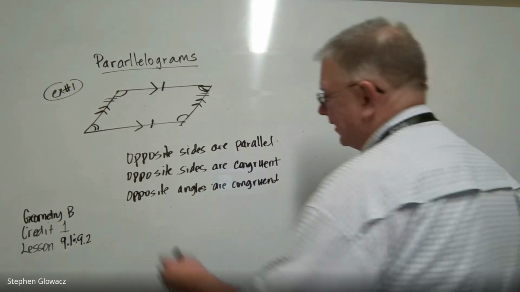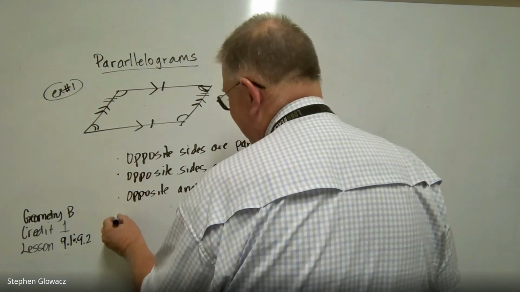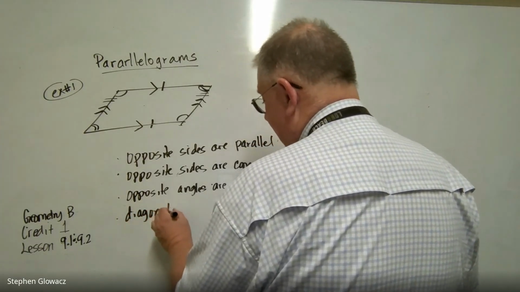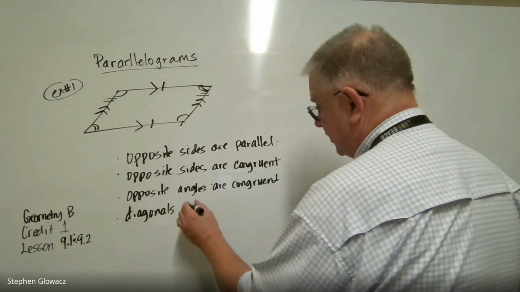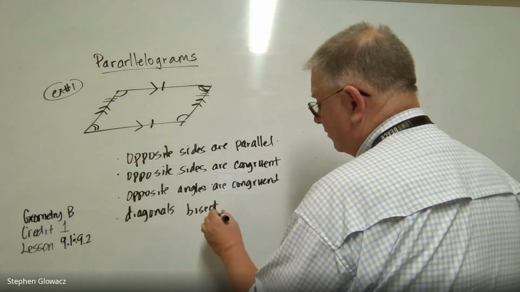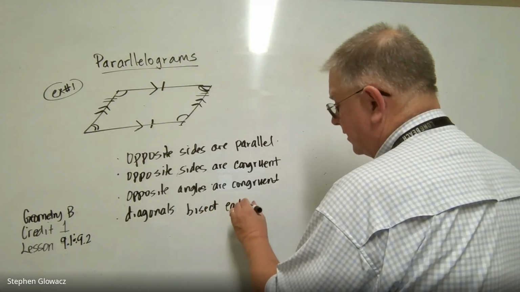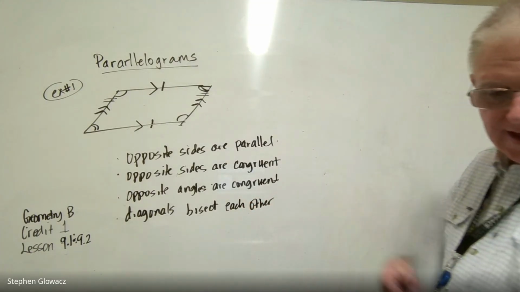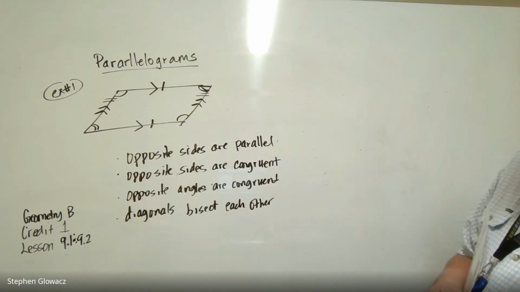All right. What else? Next fact, there we go, is that the diagonals, and we'll explain what a diagonal is in a second, the diagonals bisect each other. So we got a couple of words there, diagonals and bisect. So first of all, what is a diagonal? And maybe let's do this with a different color.